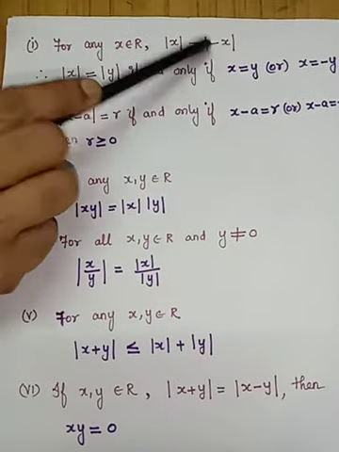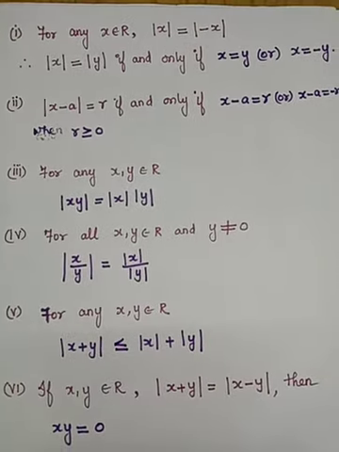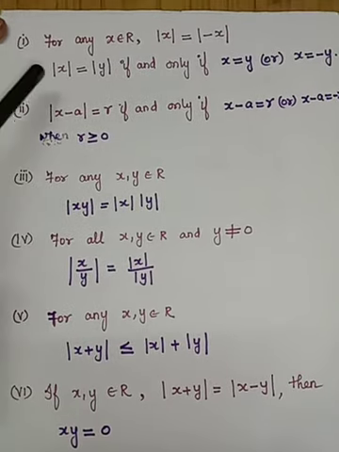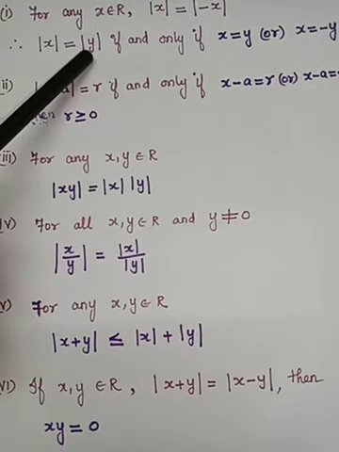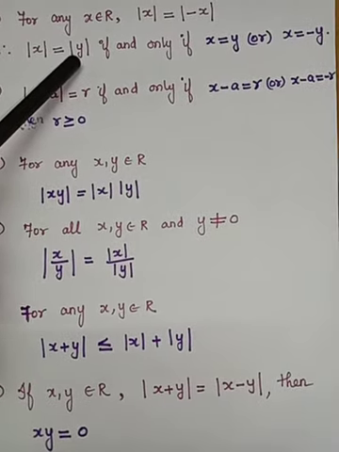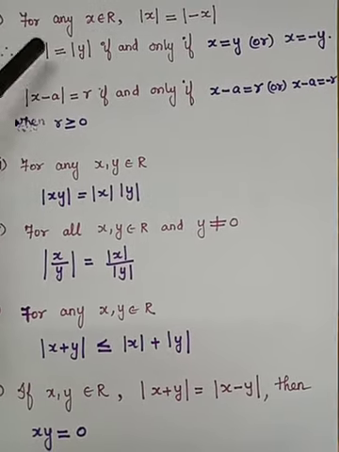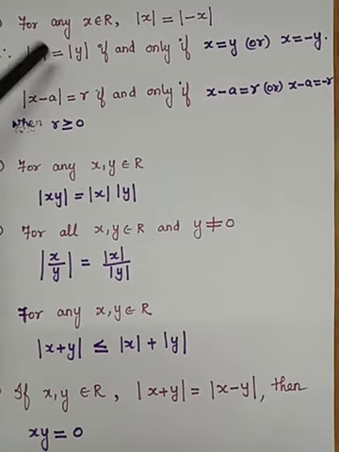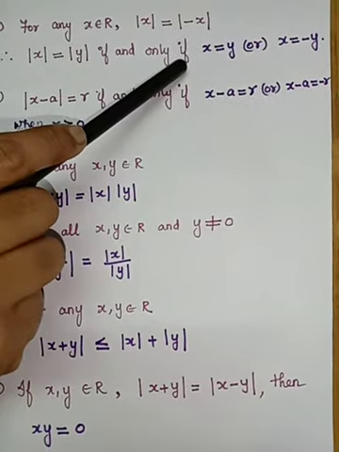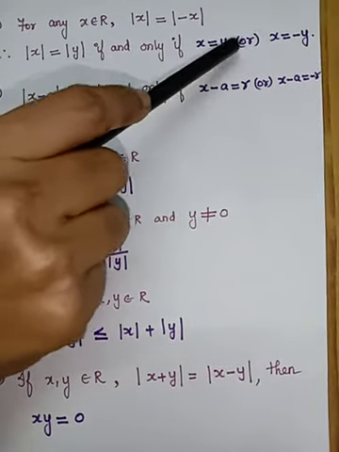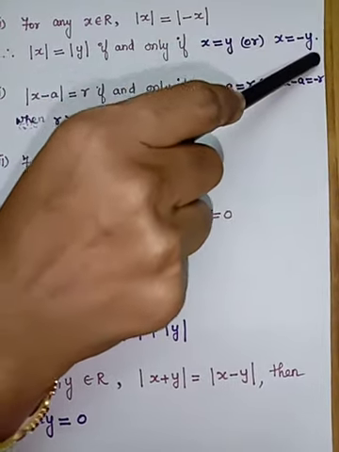So we have seen modulus of 2 is equal to modulus of minus 2. So if we have modulus of x is equal to modulus of y, the distance from origin to x and y are equal. Modulus of x is equal to modulus of y if and only if x is equal to y or x is equal to minus y.